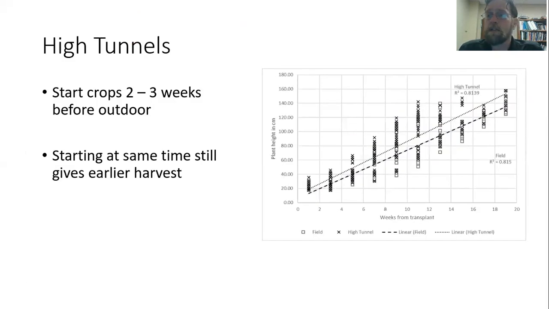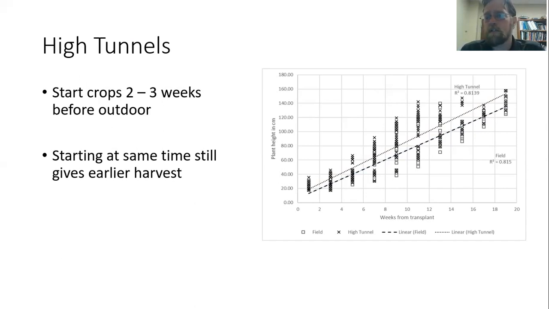And again, as we mentioned, inside the high tunnel, we can generally start crops 2 to 3 weeks earlier before we would be able to plant them outdoors. But we still see some effect even if we plant on the same date because of the increased temperatures inside the high tunnel. We'll see increased plant growth, and we may see an earlier harvest even if we're planting at the same time.